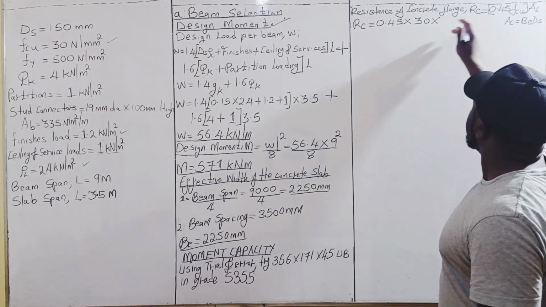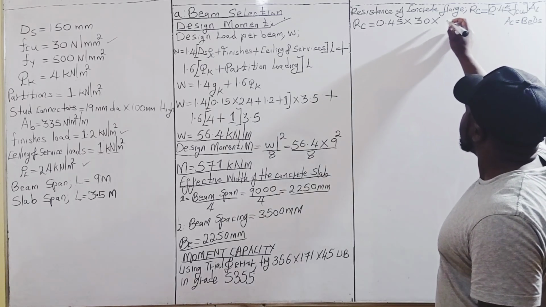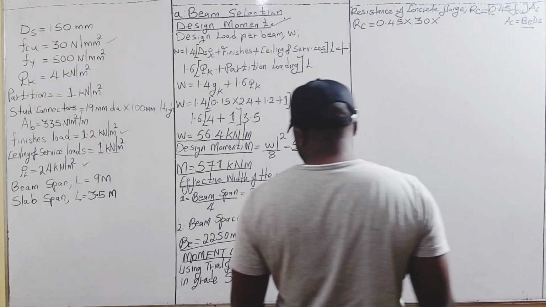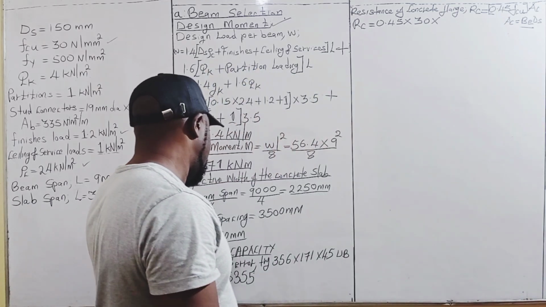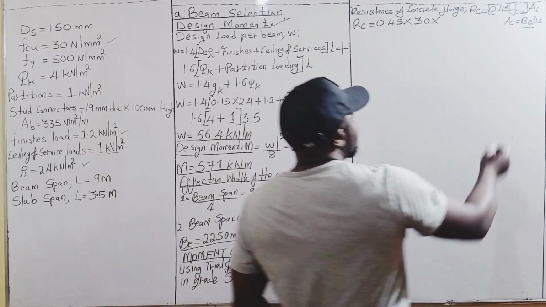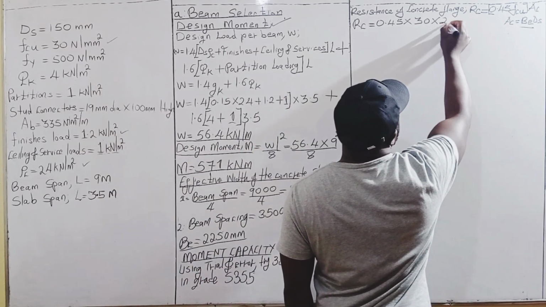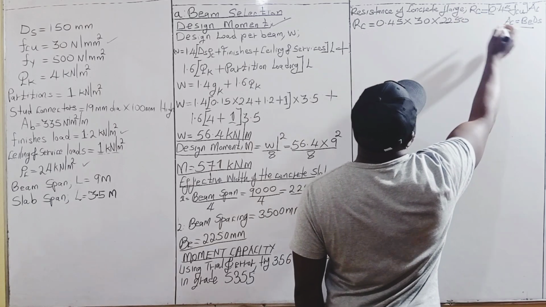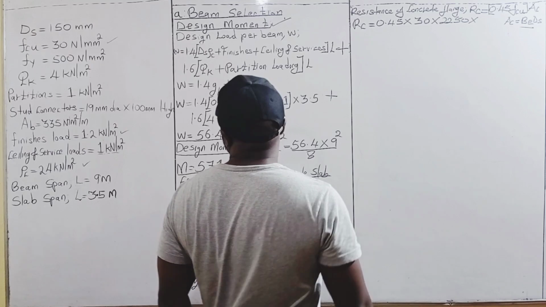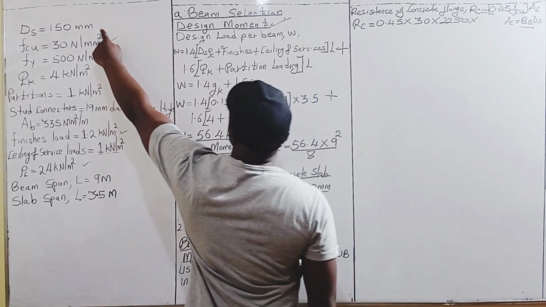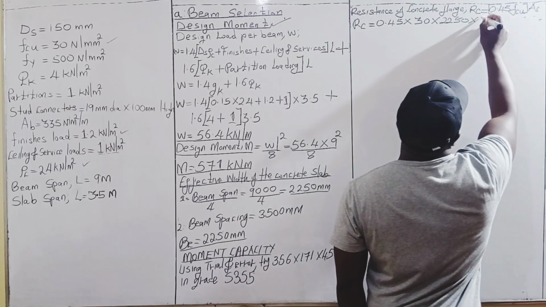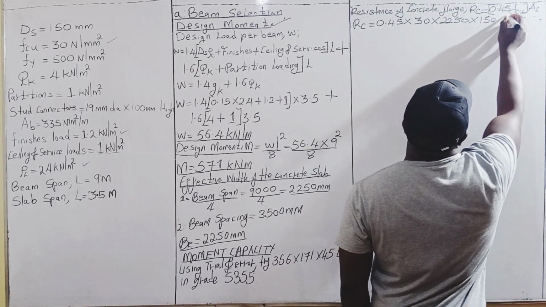And in this case, BE, the effective breadth of the concrete flange, we have calculated here and found that it is 2250 millimeters. Therefore, we multiply that by 2250 millimeters times the depth of the concrete flange, which is 150 millimeters.